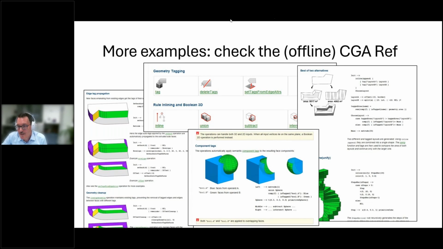There's a whole section about rule inlining and Booleans, the tag operation. And I don't know if you can read it, but there's also an example, best of two alternatives. This has nothing to do with Boolean mass model generation. This uses inline to explore two different paths and then choose the best one.